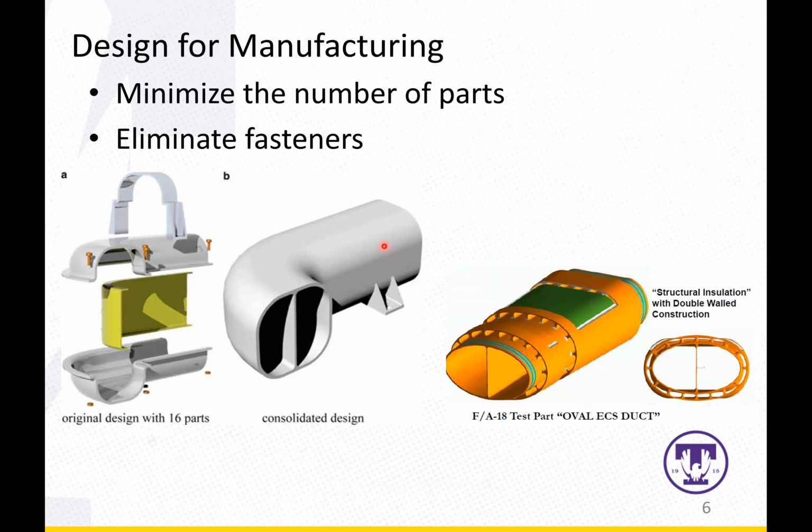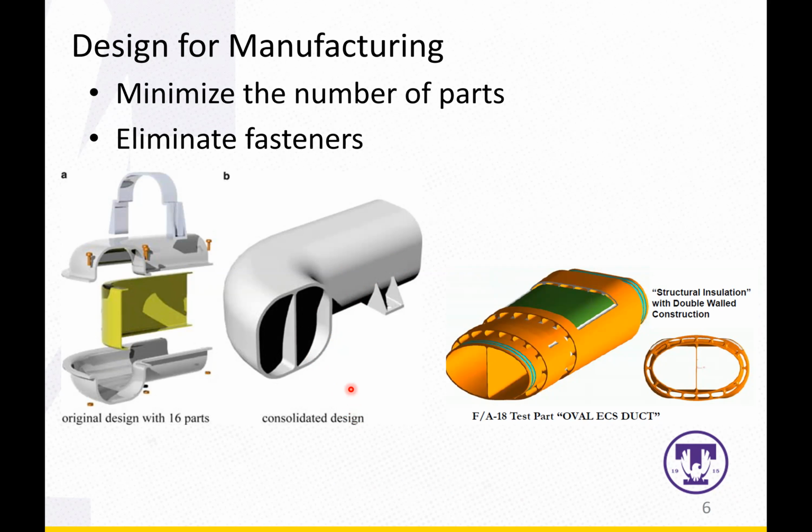But how about if we use additive manufacturing, like the design shown here? Basically, in this design, a lot of parts are put together, and there's no fastener. Obviously, it couldn't be manufactured using other manufacturing processes. But this can definitely be manufactured using additive manufacturing.